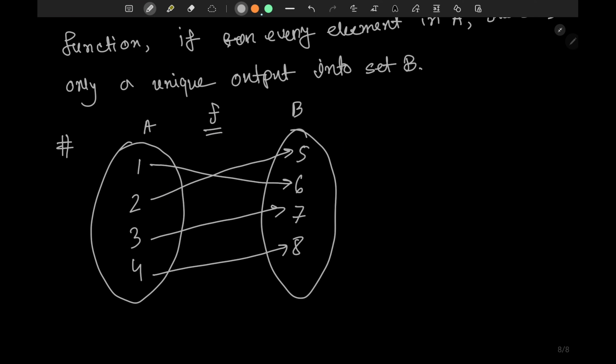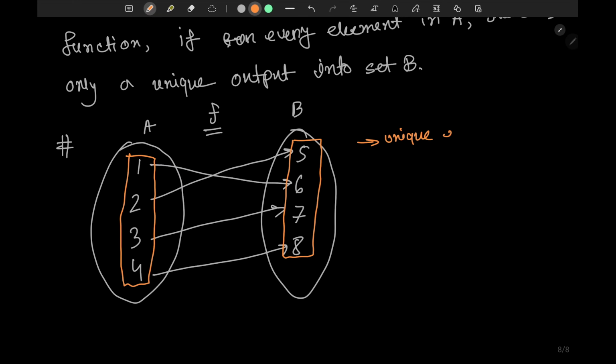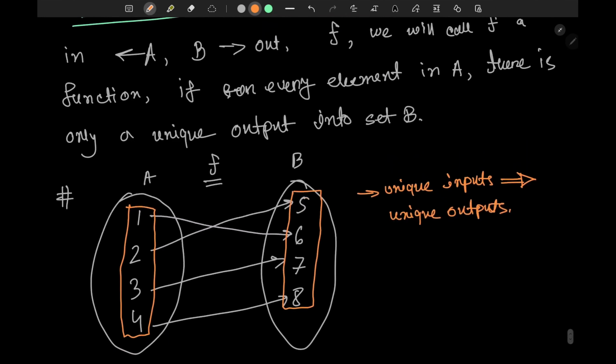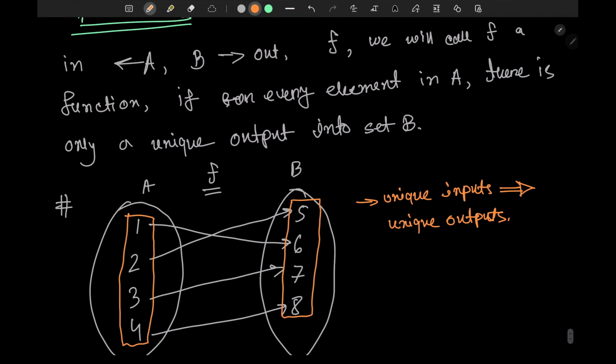We see that for every unique input, we are getting unique outputs, right? Unique inputs correspond to unique outputs. And according to our definition, for every unique input, the outputs need to be different.